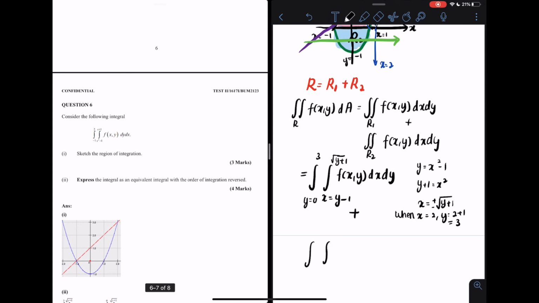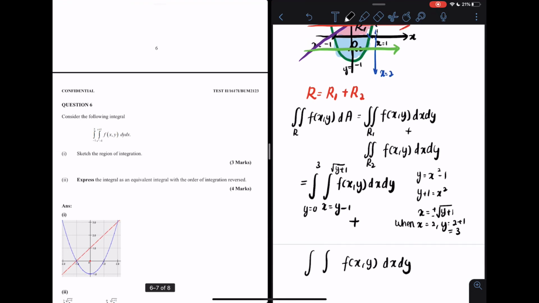So I will have a double integral for function f(x,y) dx dy. Hence, this explains why I have an arrow parallel to the x-axis. According to this green arrow, it will touch the left part of the parabola, and the left part of the parabola is represented by negative square root of y plus 1.